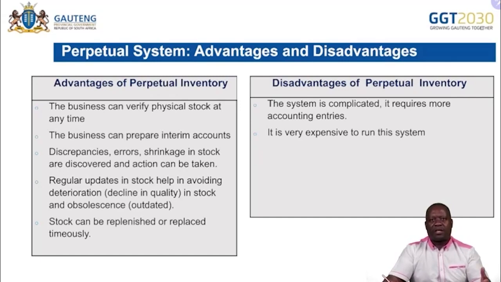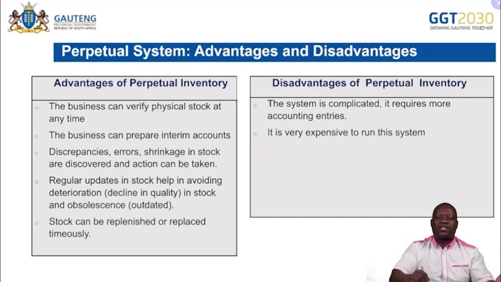Very important. Now, if you look into these two systems, you can see that the perpetual system has more advantages than disadvantages, which cannot be said about the other friend, which is having more disadvantages than advantages.